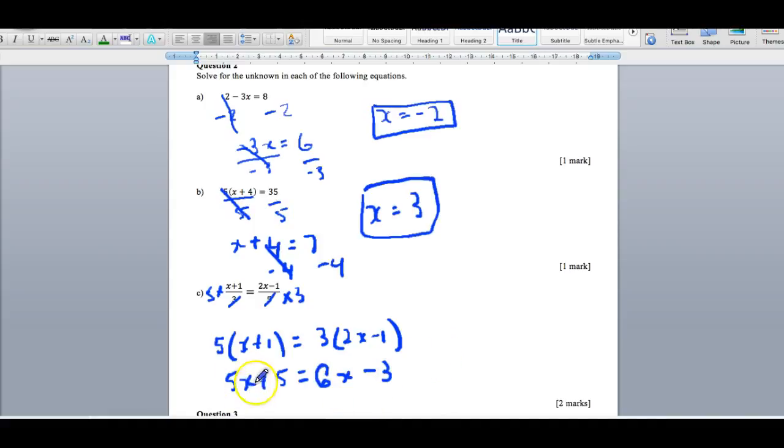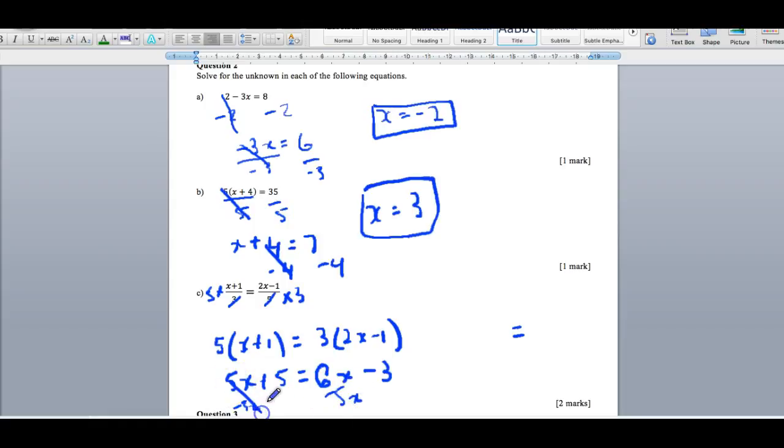Now, sometimes I like the variable, so in this case, x on the left-hand side, but if I bring that 6x over, it's going to be minus x, so I'm going to just bring the 5x over. So I'm going to take away 5x from both sides.